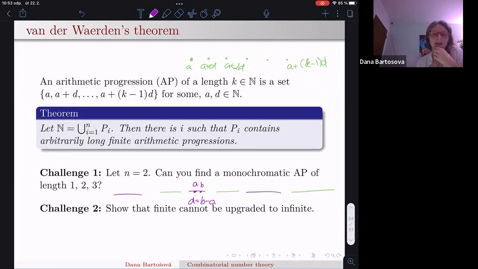How do I kill an arithmetic progression? Maybe I shouldn't be talking about murder in something that's recorded. How do I ensure that I cannot keep going with a certain distance in one piece?